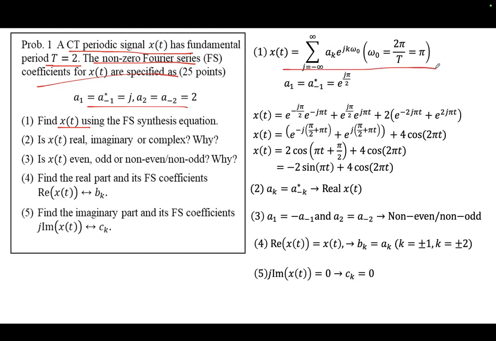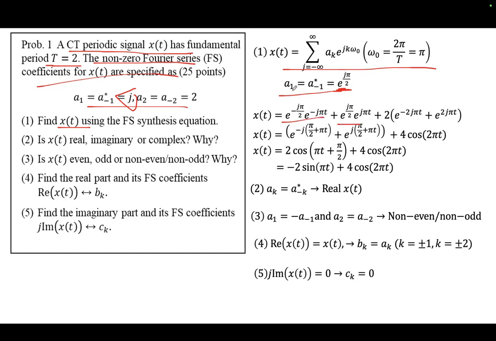And then for now, you know A1, A negative 1 conjugate, A2, A negative 2. Firstly, for G, you need to use this to represent it. This is the polar representation for G, and then you can get this one.